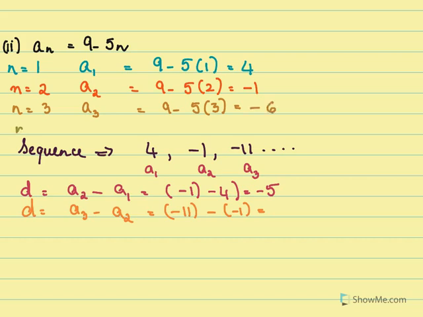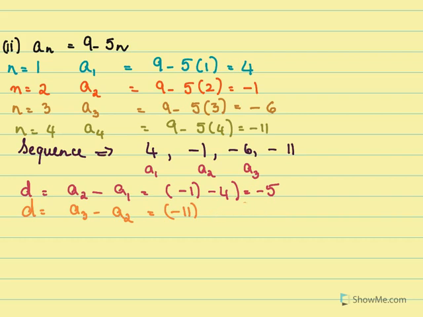Then if we go ahead and find n equal to 4, we'll get a4, which is 9 minus 5 into 4, and this would be minus 11. So we rub this out here, and we'll have here minus 6 and minus 11.